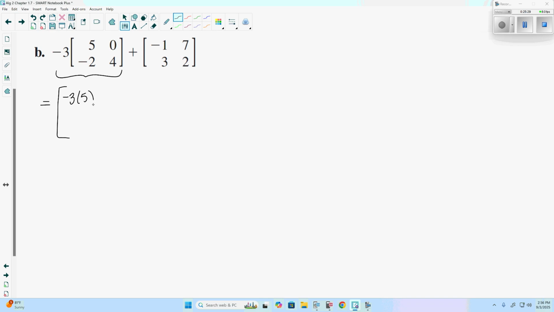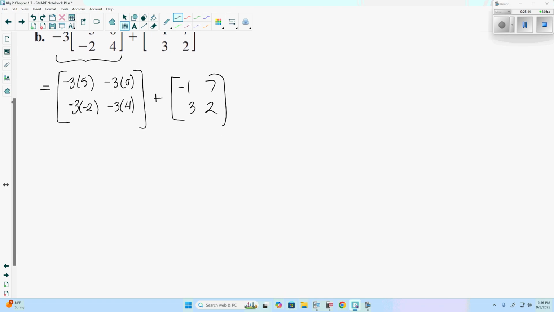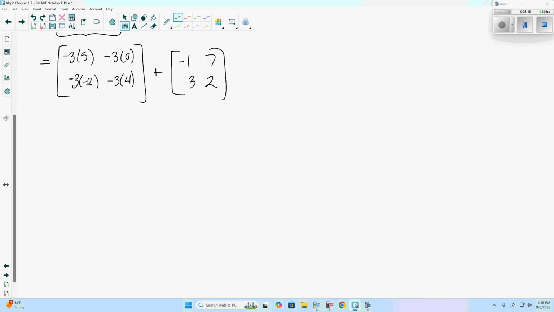So we'd have -3 times 5, -3 times 0, -3 times -2, and -3 times 4. Now, since the second matrix does not have a scalar in front of it besides 1, we're not going to do anything with it.